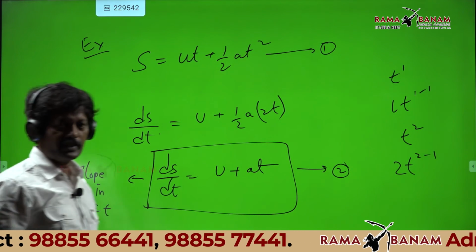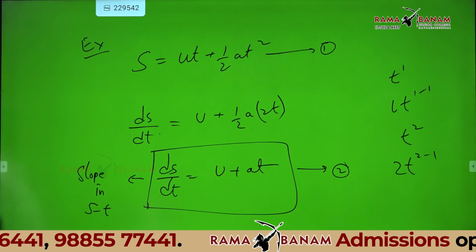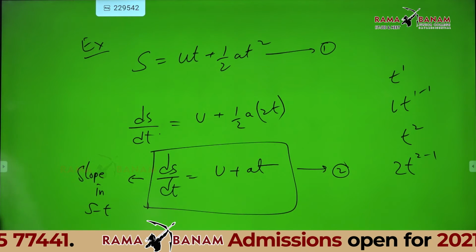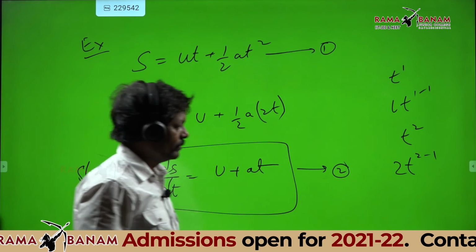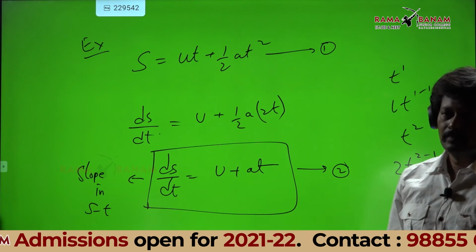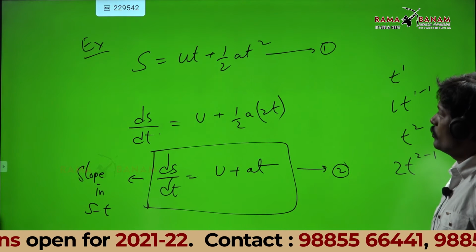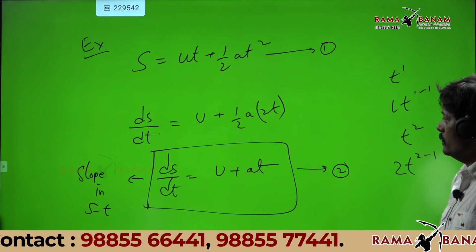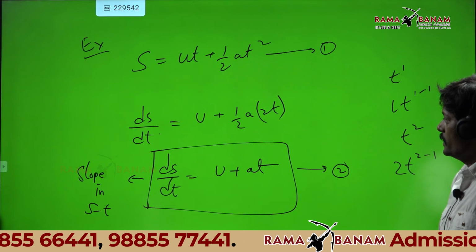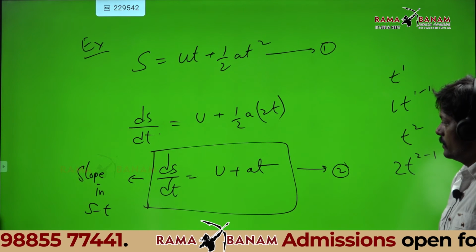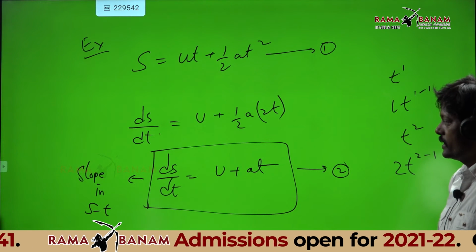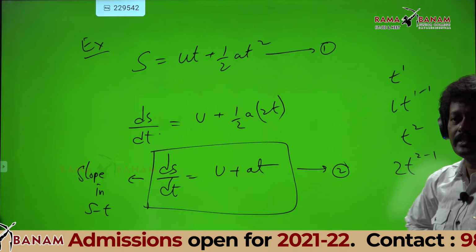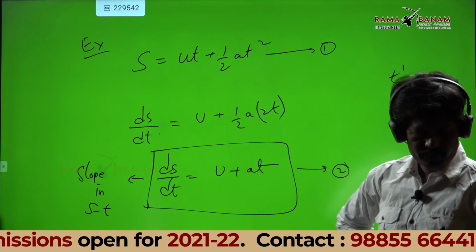Write down both the equations. For example, s equals ut plus half at square, and ds by dt is u plus at. The second equation is nothing but the slope in the ST graph.